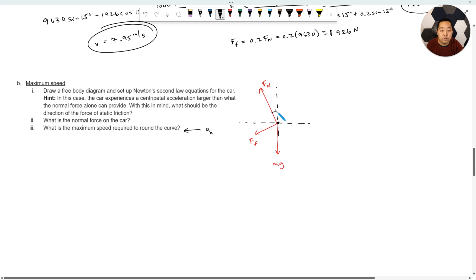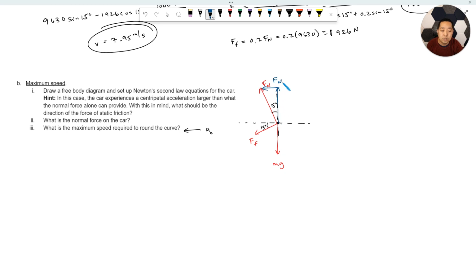Okay, so this is 15 degrees, this is 15 degrees, and then again, we'll just do the decomposition, right? Fn sine 15 degrees, Fn cosine 15 degrees, and all you will notice about the difference between the two is really just the frictional forces pointing the opposite direction.